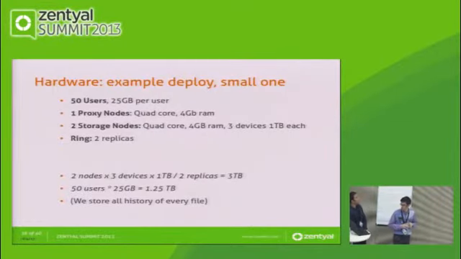So, to end, let's talk a bit about hardware. These are scenarios. We've put first a small one, let's say 50 users with 25 gigabytes per user. We will use probably one proxy node, a normal CPU, 4 gigabytes of RAM, not too much. And for example, we could use 2 storage nodes with a normal CPU, 4 gigabytes of RAM, and 3 devices of 1 terabyte each.